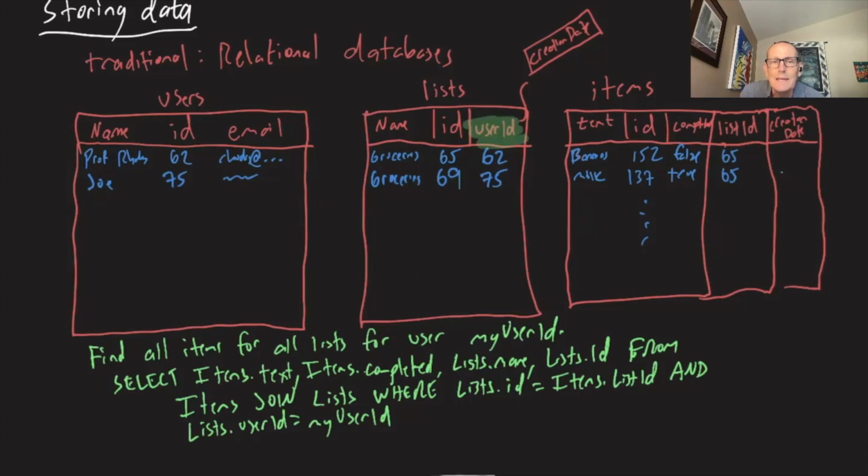So in that case, we would go ahead and have a separate table which represents the mappings between users and lists. So that we would have an entry in there that would contain a user ID and a list ID, and that would mean that this user has access to this list. Maybe we'd keep a user ID as sort of the owner user ID, and then we keep all the sharing information in a separate table. Who knows?